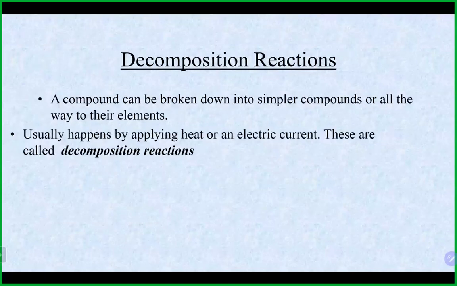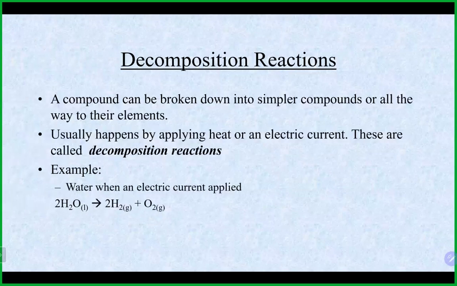The last type of classification is really the opposite, if you will, of a synthesis reaction. This is a decomposition reaction, which essentially means we're going to break something apart. In this case, we're going to start with one thing and make a couple of things. So it's the exact opposite of a synthesis: one thing makes 2 or more things.